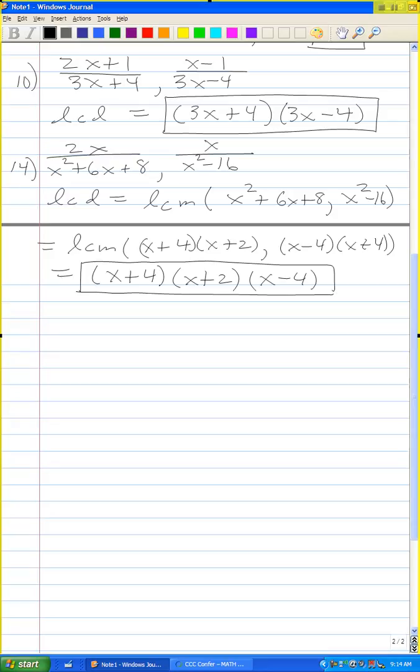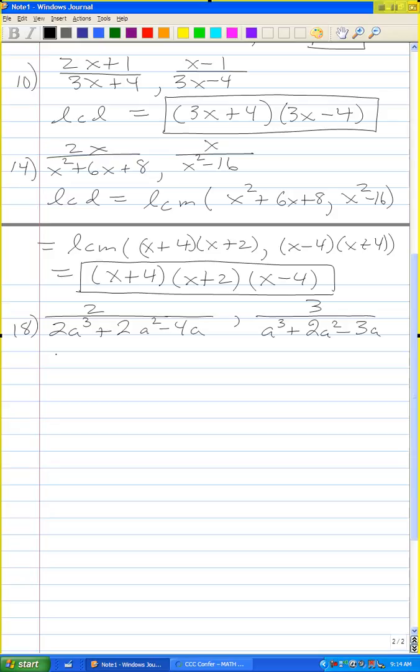Let's look at problem number 18. 2 over 2a cubed plus 2a squared minus 4a, and 3 over a cubed plus 2a squared minus 3a.